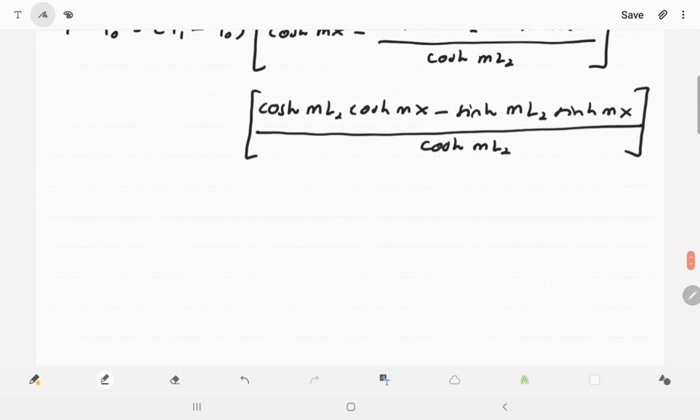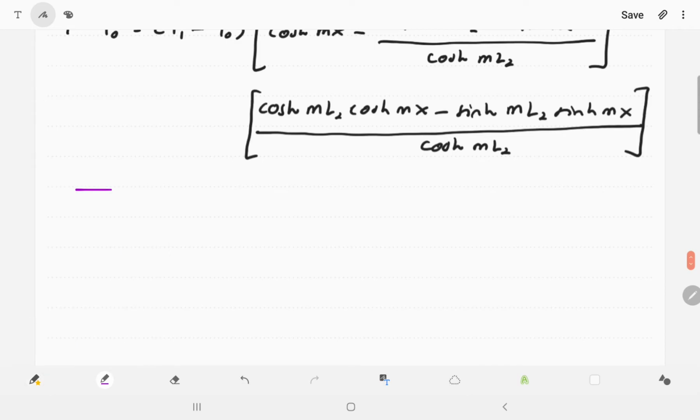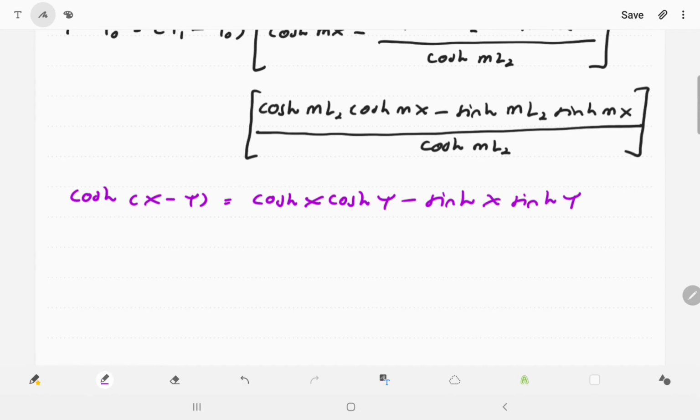Then we can go into the definition of the hyperbolic cosine: cosh of x minus y is equal to cosh x cosh y minus sinh x sinh y.